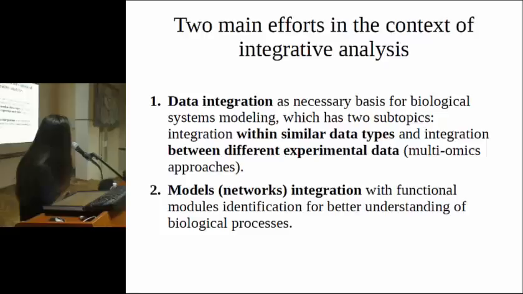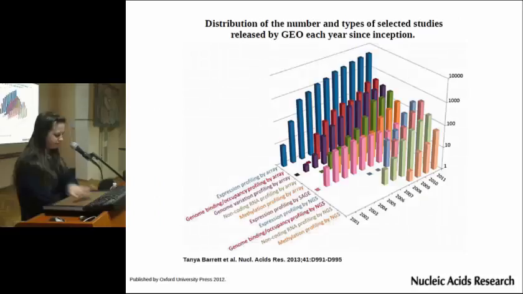Usually, of course, you need to perform some experiment, but even if you cannot do that, like most of us here in Ukraine, unfortunately, you still have a possibility to use publicly available data, for example, from such repositories as Gene Expression Omnibus, which contains a lot of different assays.